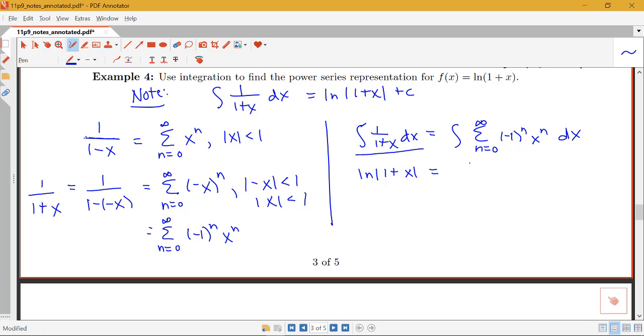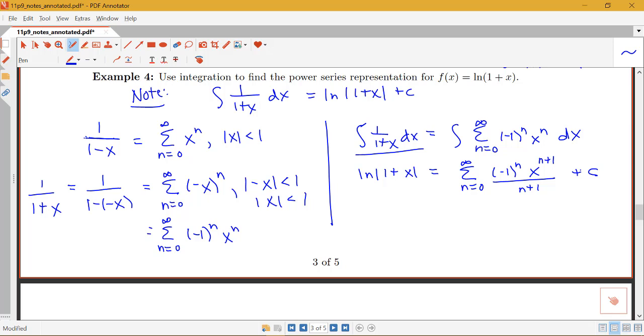So notice that the integral of this sum is going to be the sum of the antiderivatives of each term. Negative 1 to the n remains unchanged. It's just a constant. And then I'm going to have x to the n plus 1 over n plus 1 and plus c.